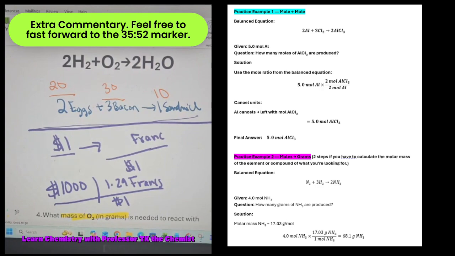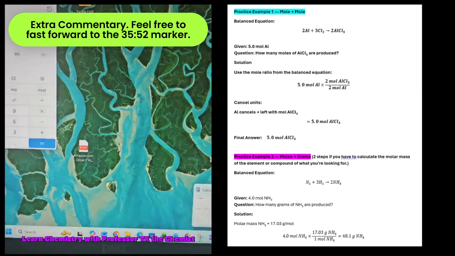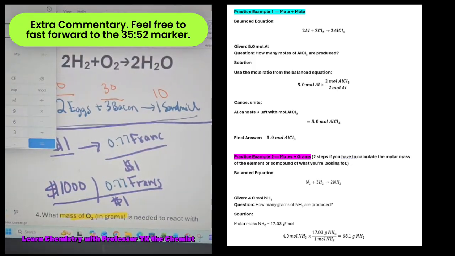My bad. So if the US dollar is equal to 0.77 francs, how much is that equal to? All you have to do is say 1,000 times 0.77, and that gives you 770.